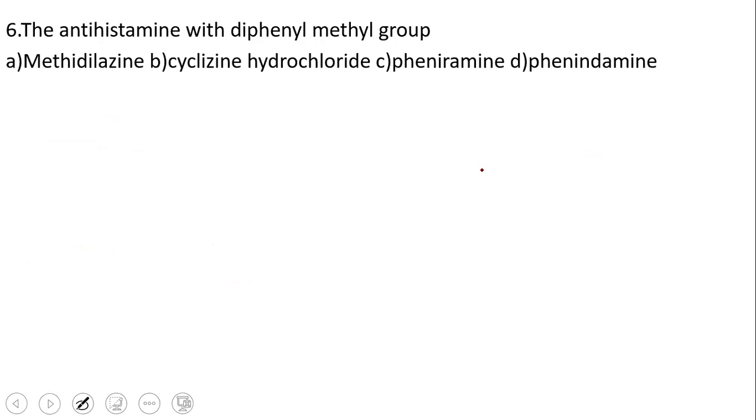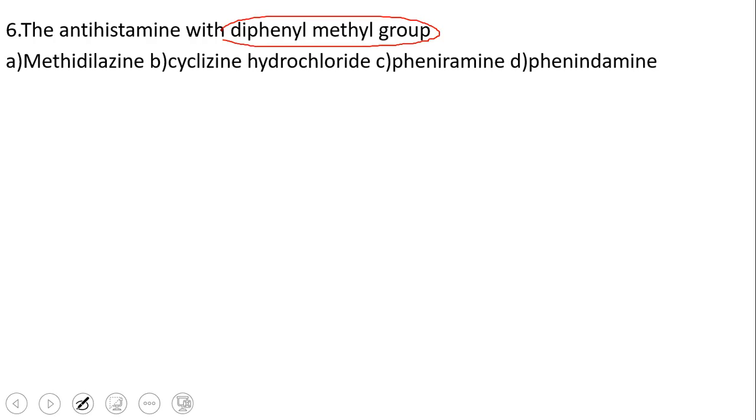Next question. Antihistamine with the diphenyl methyl group. Option A, methdilazine. Option B, cyclizine hydrochloride. Option C, pheniramine. Option D, phenindamine.